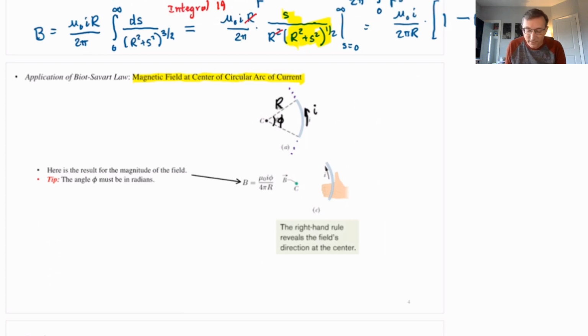And our task here with this application is to find the magnetic field, magnitude and direction, produced by the circular arc when we're going to pick one point only.